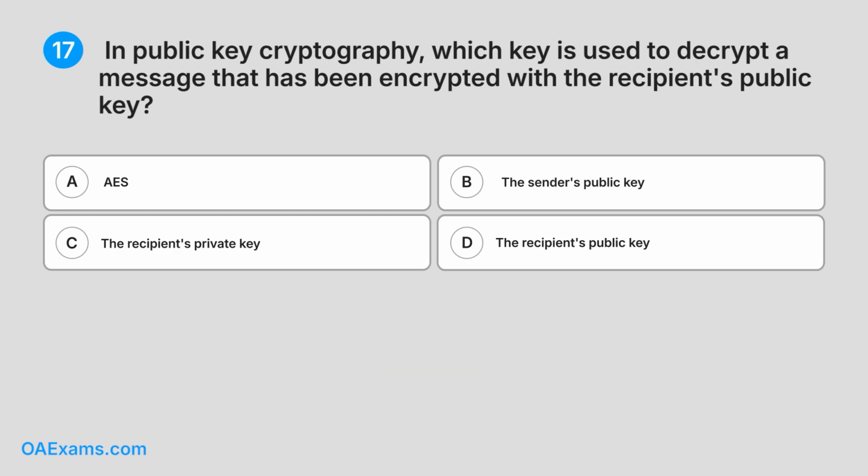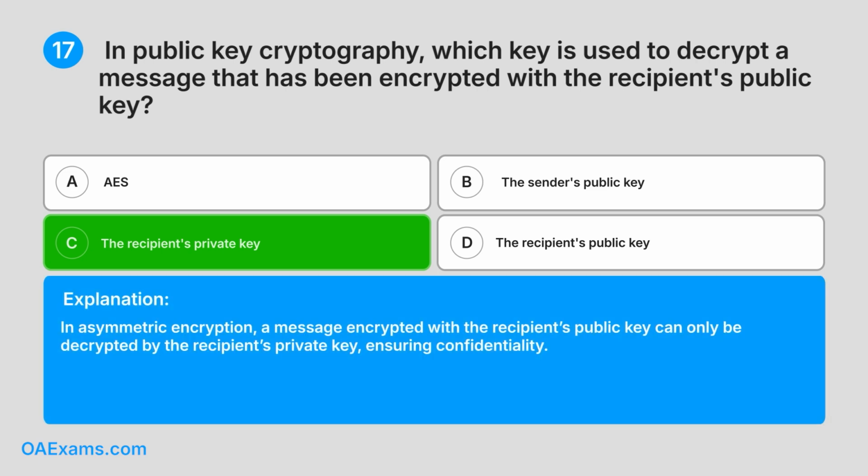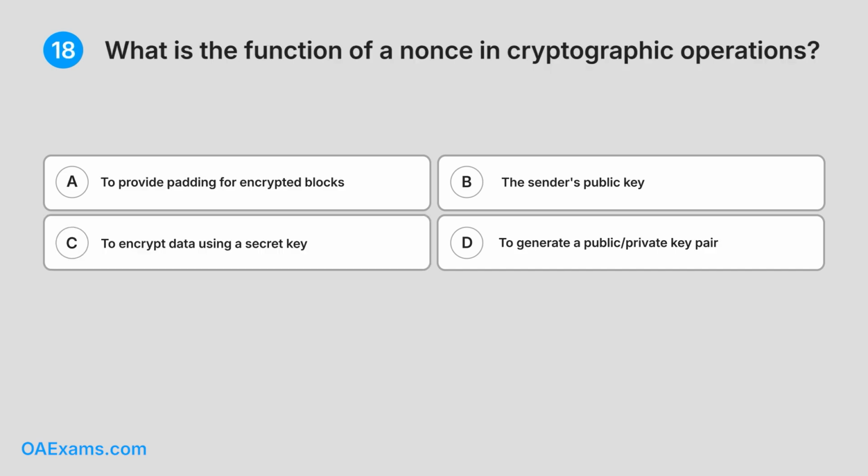Correct answer: C. The recipient's private key. Explanation: In asymmetric encryption, a message encrypted with the recipient's public key can only be decrypted by the recipient's private key, ensuring confidentiality.